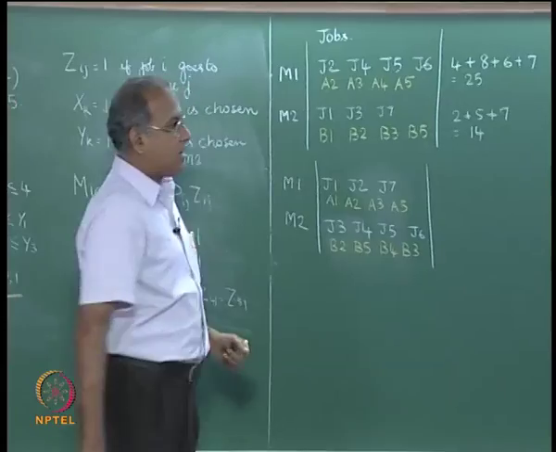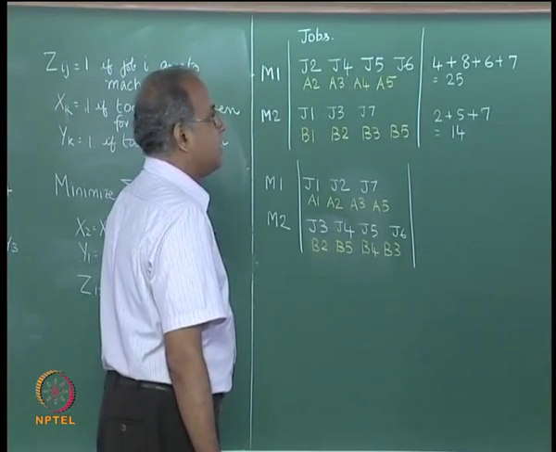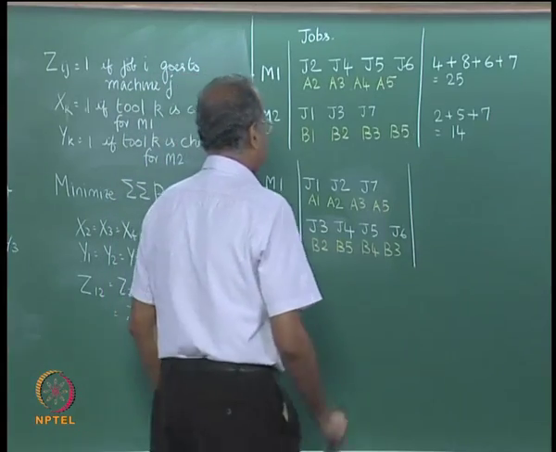Now, what is the workload on this? The workload is 1, 2 and 7 for M1, 1 plus 4, 5 plus 9, 14.